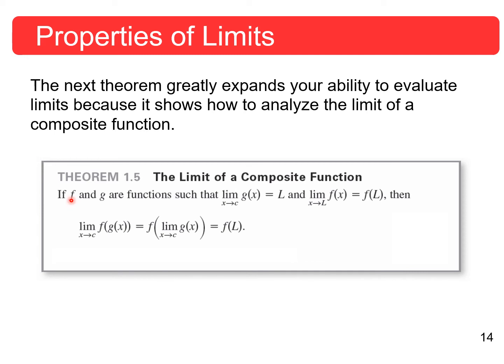Now suppose we have functions f and g, both continuous, and the limit of g of x as x approaches c is L, and also the limit of f of x as x approaches L is f of L. Then the limit of the composite function, the composition of f and g, is just equal to f of the limit of g of x as x approaches c, and that is just equal to f of L. In other words, when you get the limit of the composition of two functions, you can just evaluate the limit of the innermost function first, and then whatever you get from there, you evaluate the outer function at that value of the limit.